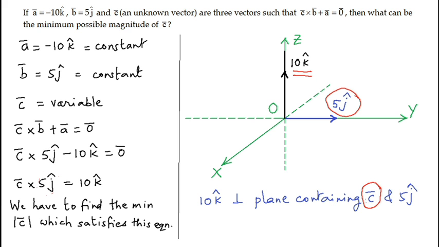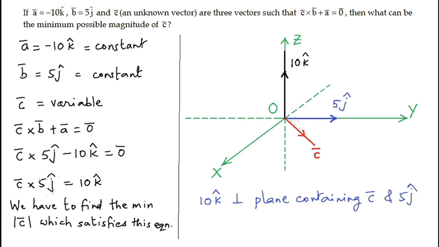We have to now draw the vector c bar in this diagram, and we start by drawing it in the xy plane. So as an example, I have shown the vector c bar like this. For convenience, it has been shown starting from the origin. Now you have to use your imagination. It's a 3-dimensional diagram shown on a 2-dimensional computer monitor. So use your imagination. The vector c bar is in the xy plane.